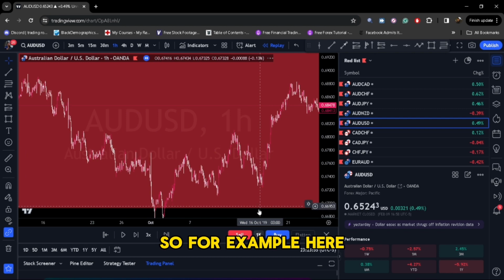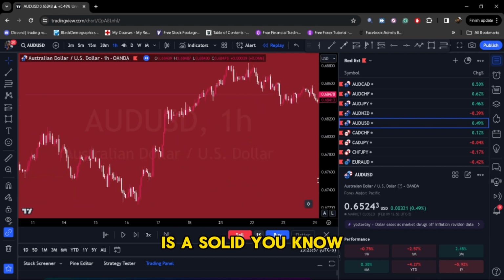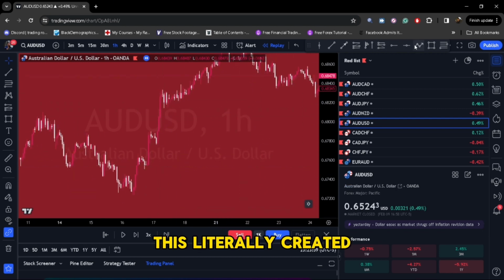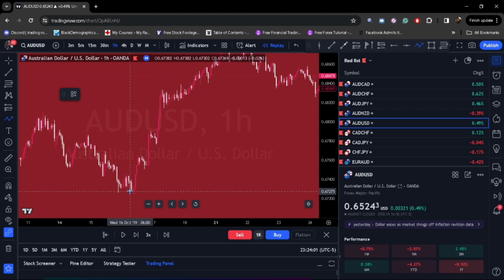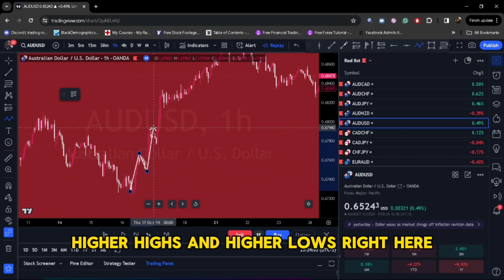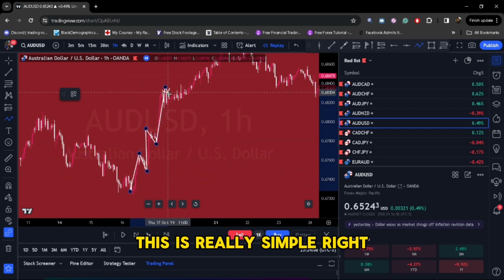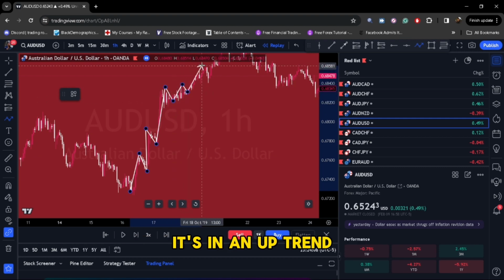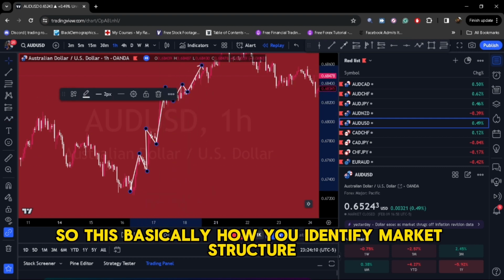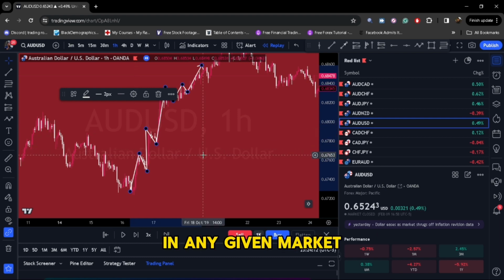For example, here was a solid push up. Here, this literally created higher highs and higher lows. This is really simple. As you can see, it's in an uptrend. So this is basically how you identify market structure in any given market.